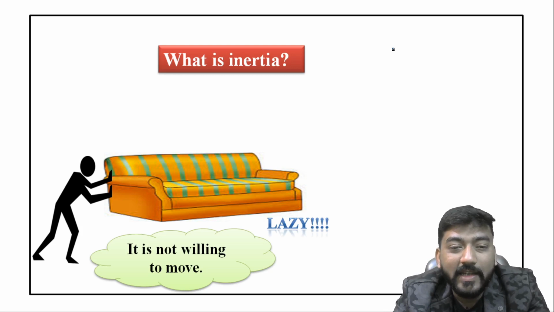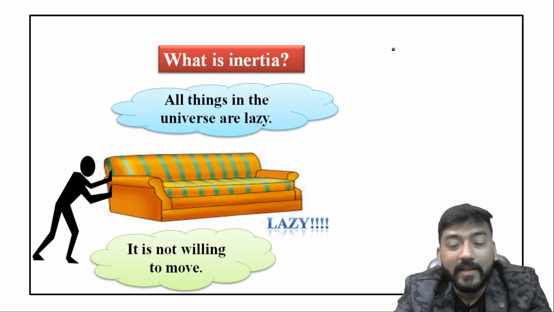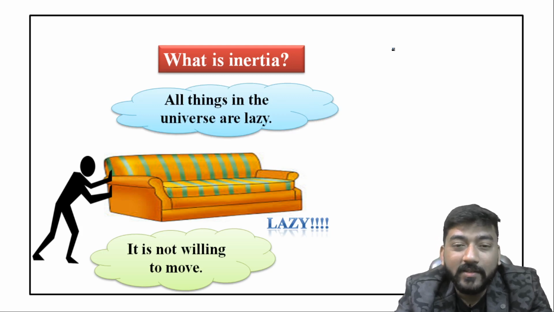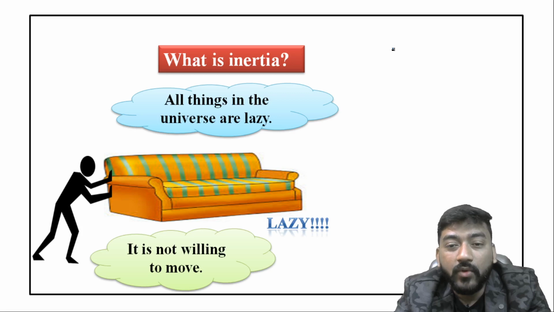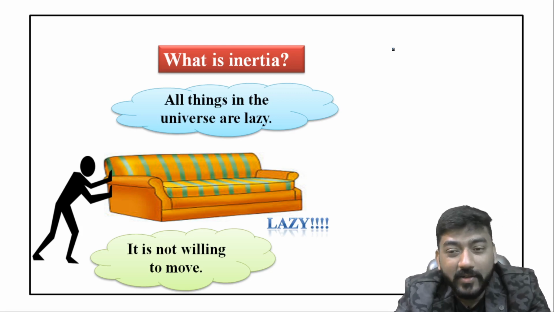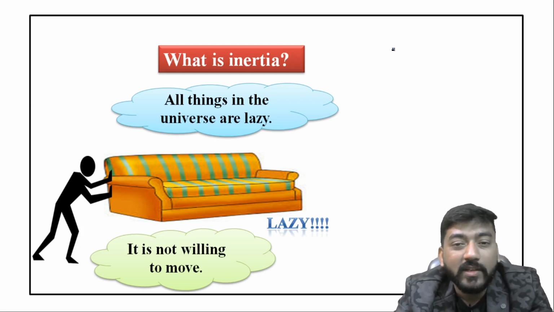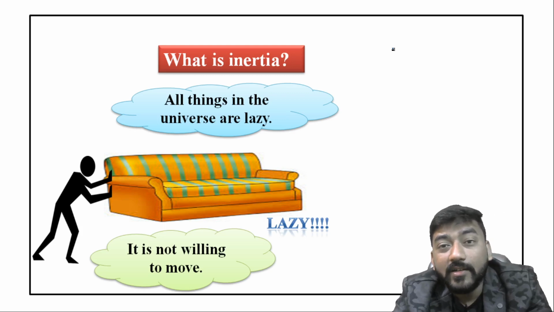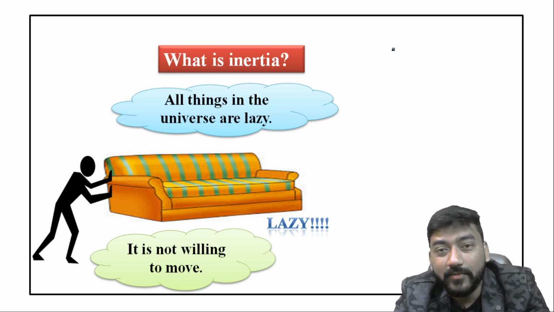All things in the universe are lazy. Not only the non-living things, but the living things also are very lazy. We all are lazy. If there is no external force, we don't want to do any work. From your daily life experience, we all are actually lazy, and all things in the universe are lazy, and you can't move without external force.